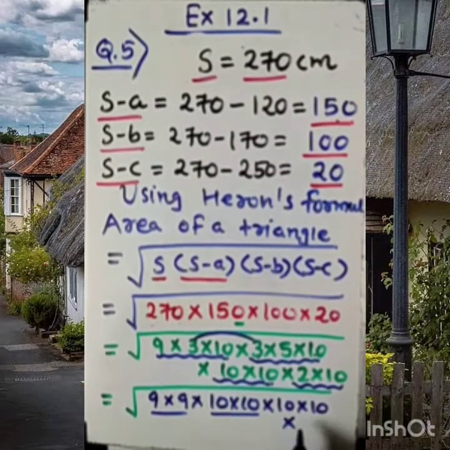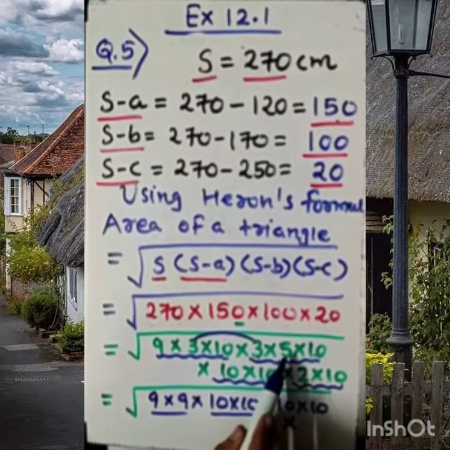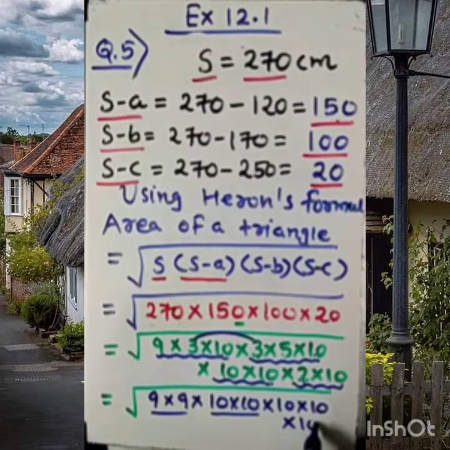And here you can see this 10 is left, this 5 and this 2 is left. What about this 5 into 2? That is also 10. So can I write 10 into 10 at the last? Now, these all are in pairs. 9 square I can write. This is 10 square, this is also 10 square, and this is also 10 square.